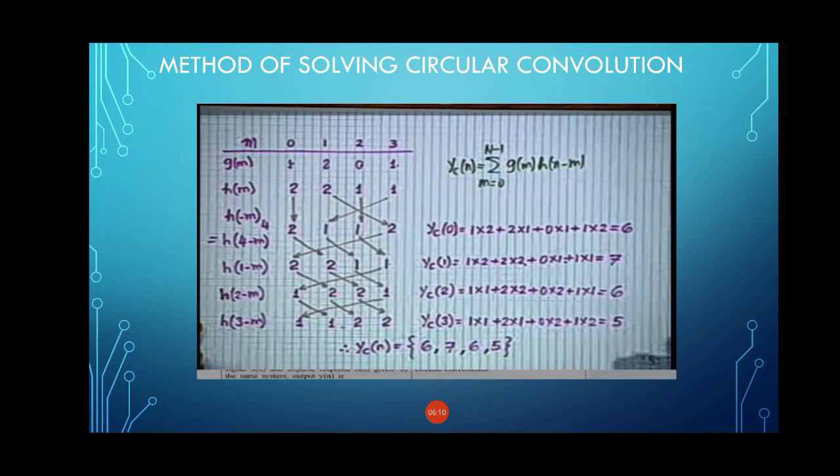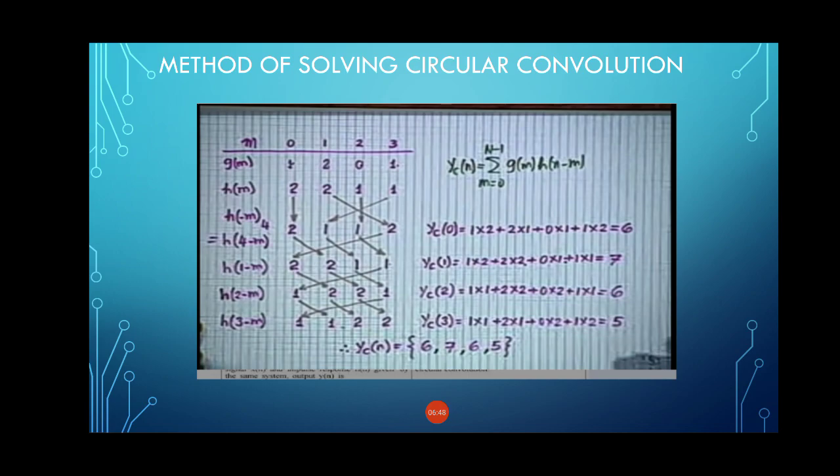Now according to the formula, first what we have to do is find h of minus m, keeping n equal to 0 if we need to find yc of 0. Here we have used c because we want to find the circular convolution. The first thing that we have to find is h of minus m. We cannot forget the modulus, which is 4.